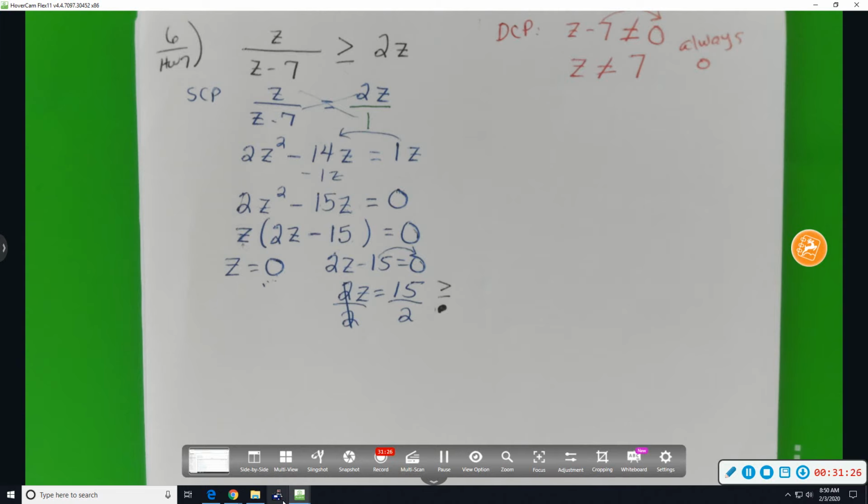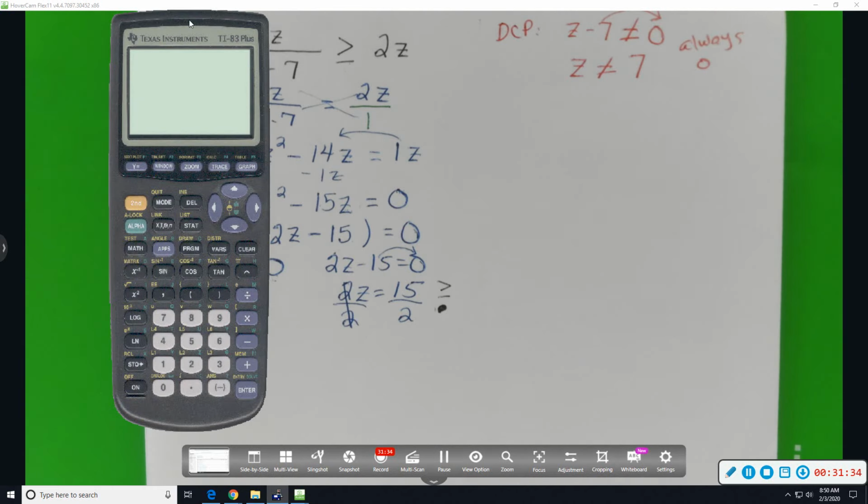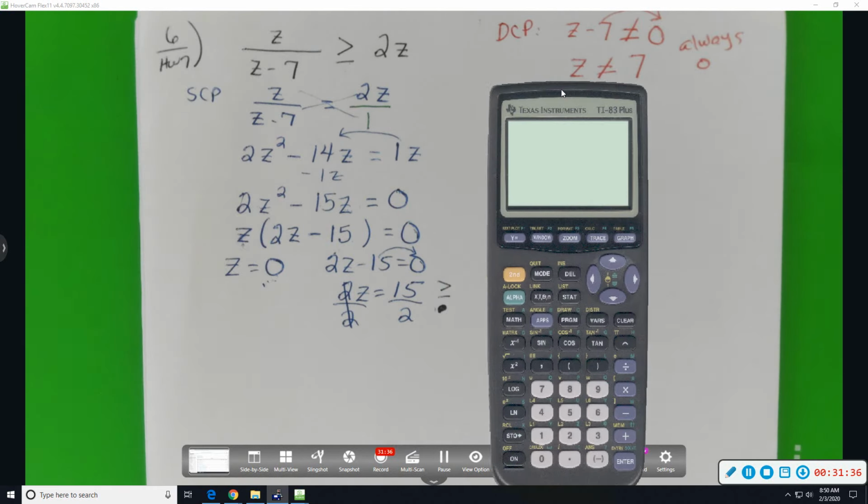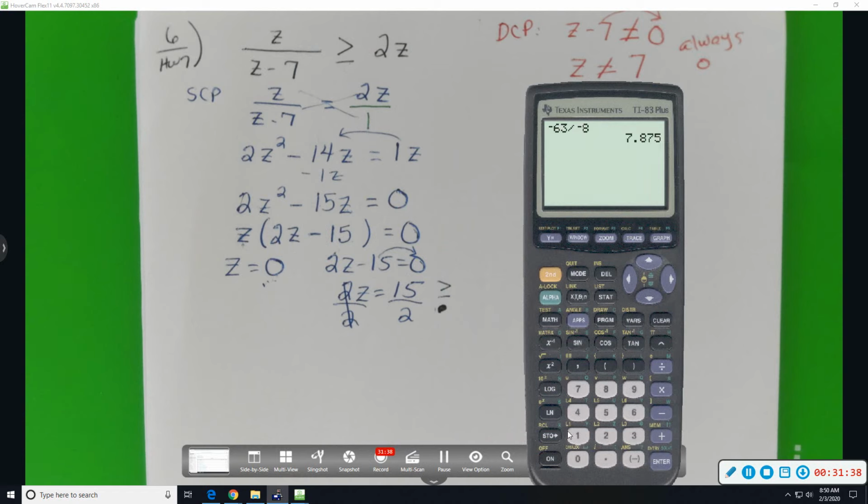It can be a little tricky because that 15 over 2 is a fraction. So just to make sure I'm labeling it correctly on the number line, you might want to do this.